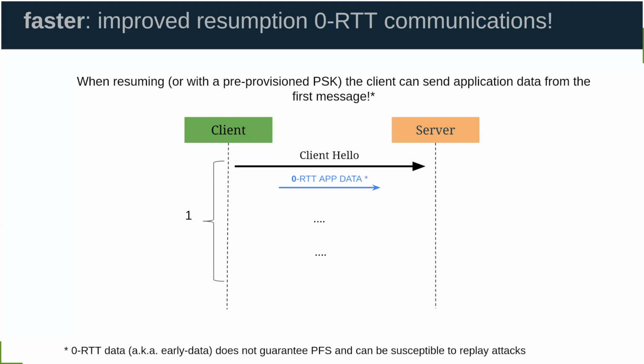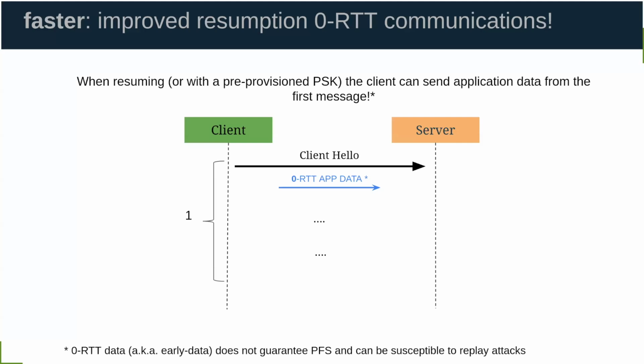We can do even better because when you're resuming a connection, that means that you already made a connection, you want to save some of the cryptographic data that you negotiated so you can restart the session faster later. Or if you set up the client and server with an already pre-shared secret key, then the client alone can start sending encrypted data already with this message.